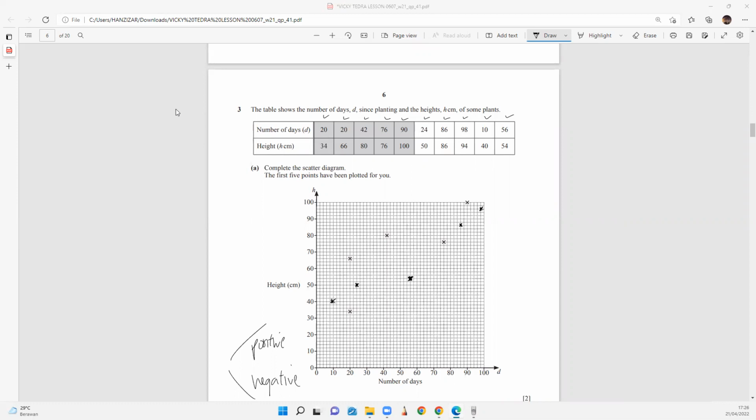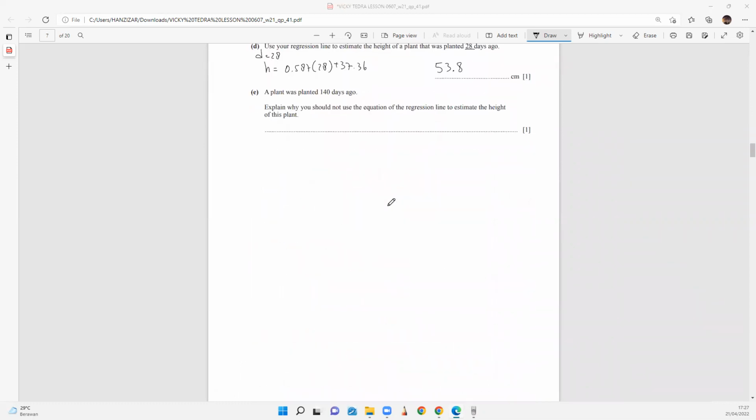Okay, no problem. So why you cannot use 140? Because it is out of the forecasting range. The range is too much, 140. That's the simple answer: it is out of the forecasting range.